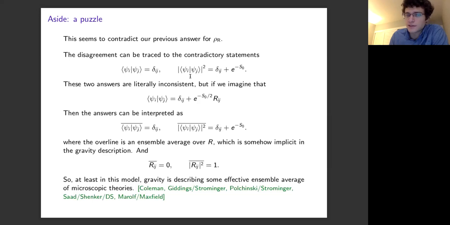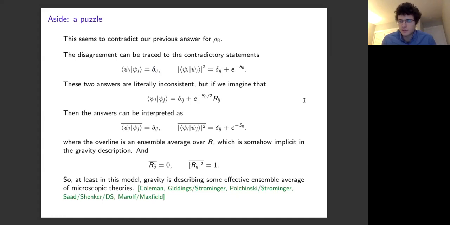When we had two copies of this boundary condition, then there are two ways that they can be connected together. And those two terms lead to these two terms here. This is the disconnected configuration, and this is the replica wormhole. So these two answers are literally inconsistent. The right-hand side over here is not the square of the left-hand side.